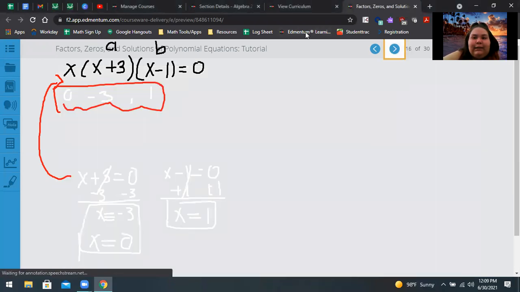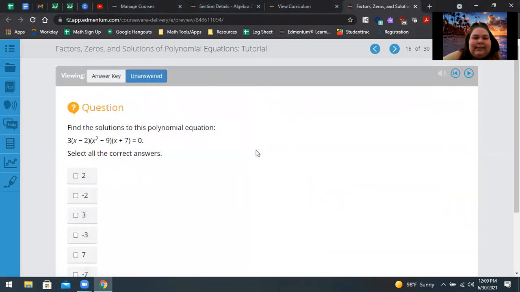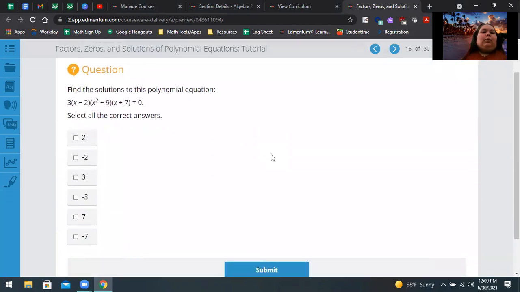Let's go ahead and take a look at this one on slide 16. It says find the solution to this polynomial. I can tell you already you're going to be able to set them equal to 0. Now, this 3 that's sitting outside does not really do anything for me, and I can even show you algebraically how we can make that disappear.